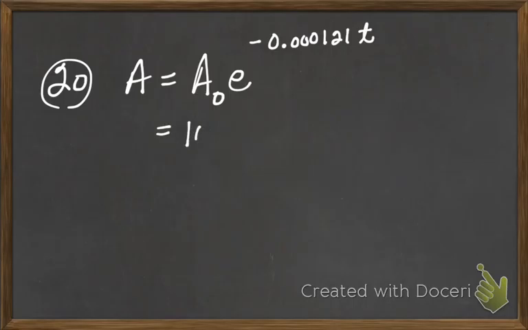So we start with an original amount of 100%, because when we're living we have 100% carbon-14. When they dug up these bones they only had 88%, because when you die the carbon-14 goes away. So we'll solve this problem for time.